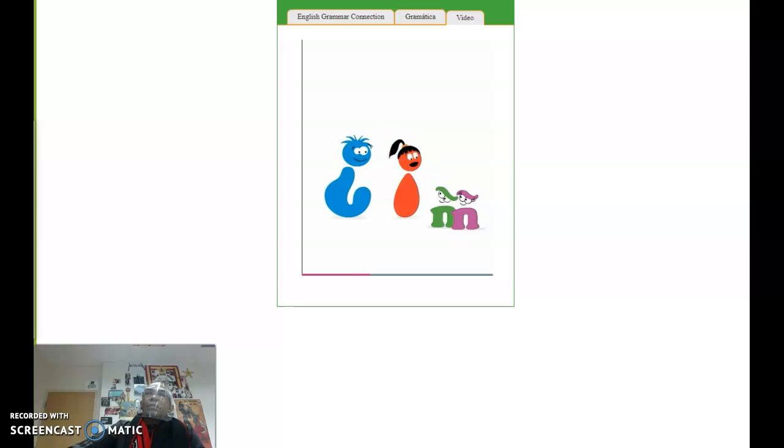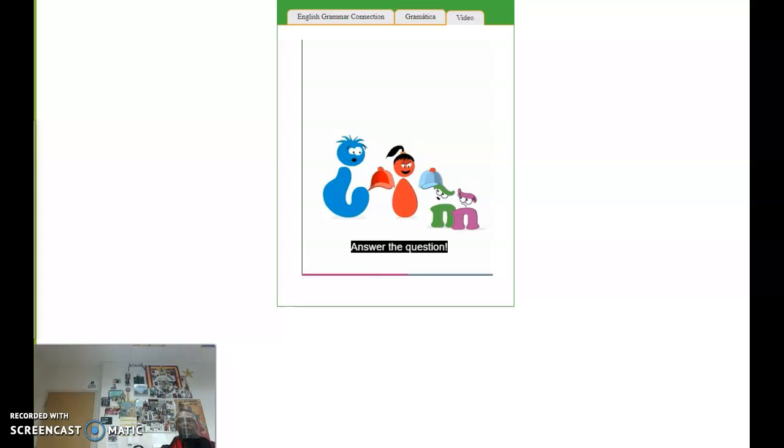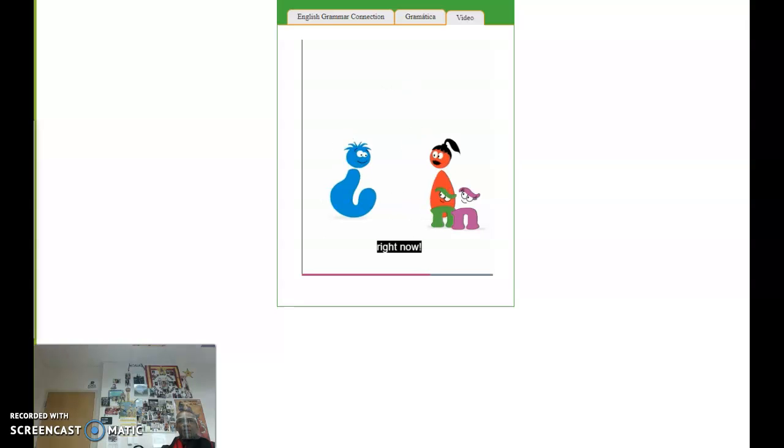Toño, Toña, a ustedes, ¿cuál les gustan más? ¿Las gorras rojas o...? A nosotros no nos gustan las gorras, no las llevamos. Answer the question! ¡Las rojas! ¡Nos gustan las rojas! Fabulous. Ahora tienen que venir conmigo. Right now! So, it was real nice of Phoebe to buy us these presents, huh? Yeah, Phoebe, 3 more, please. Pablo, where's the door? I need to go home.